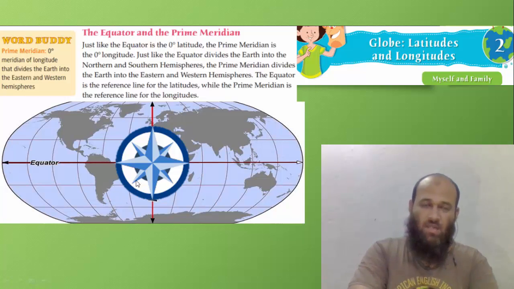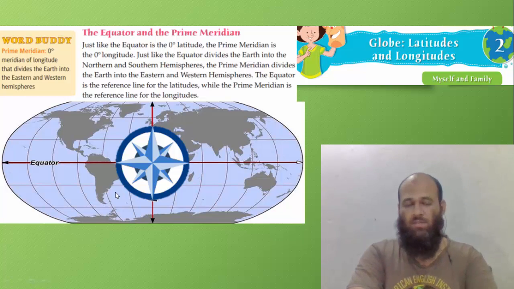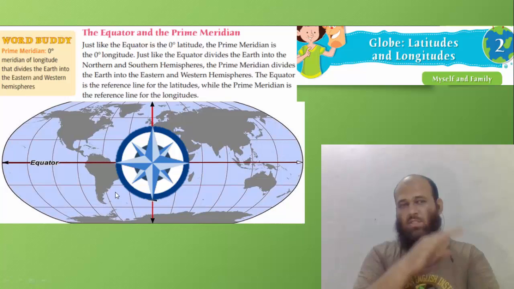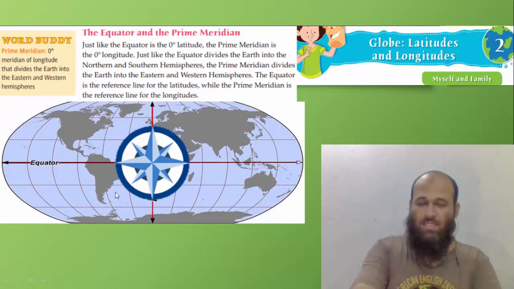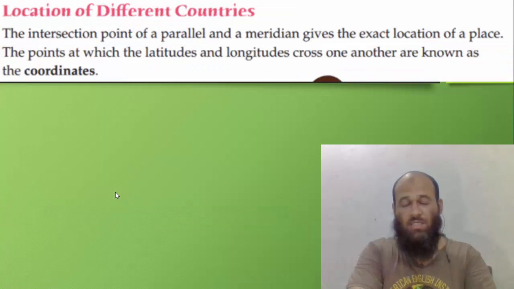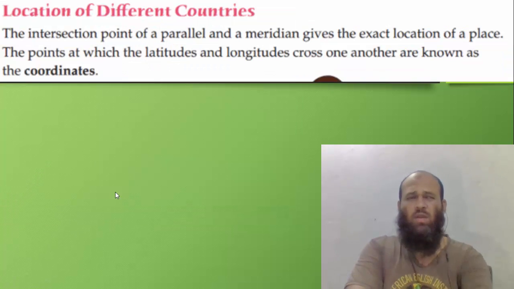Where does Brazil fall? Southwestern region. So, importance of directions, once again, go back to your grade 3 classes. This is important. Directions are very important. Now, how do we locate different countries?